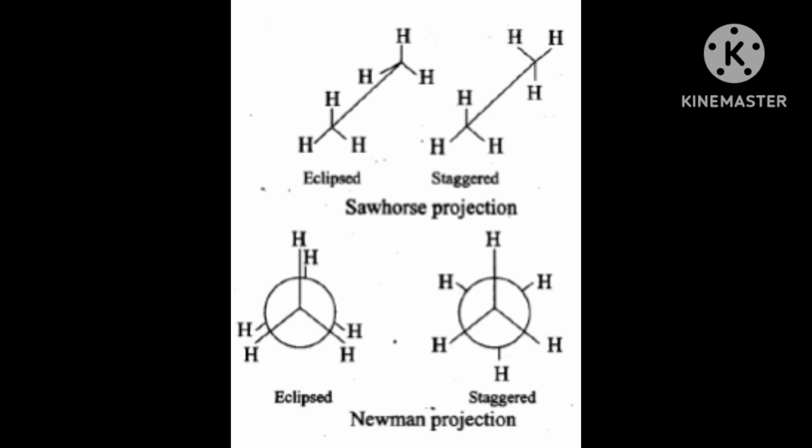For the nomenclature of alkenes, as I already told you, the longest chain of carbon atoms containing the double bond is selected.